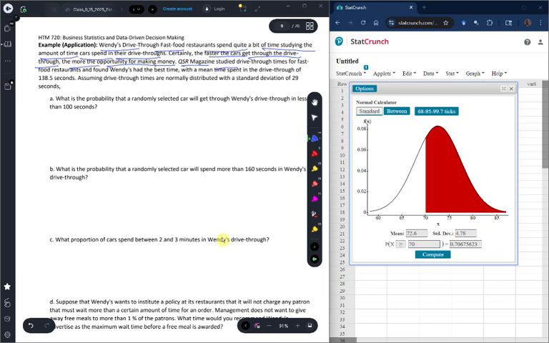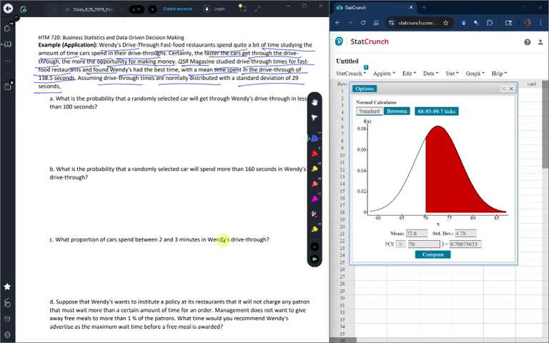QSR magazine studied drive-through times for fast food restaurants and found Wendy's had the best time, with a mean time spent in the drive-through of 138.5 seconds. Assuming drive-through times are normally distributed with a standard deviation of 29 seconds, the variable of interest that we're observing for the different cars is the drive-through time, and we have to assume that it is normally distributed.